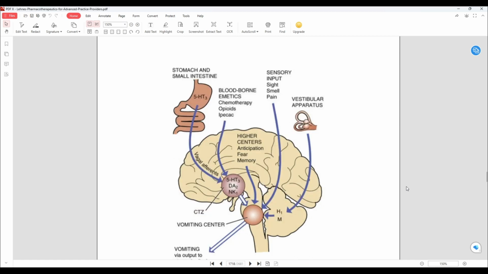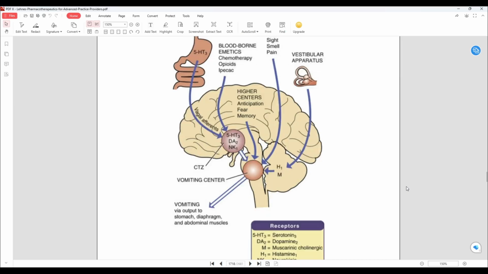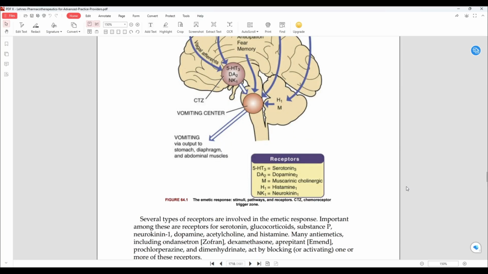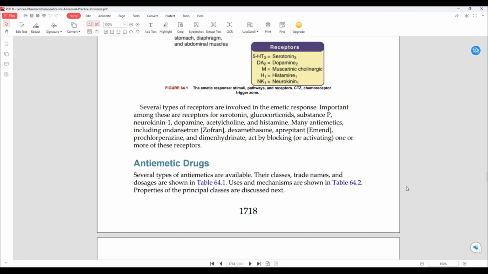So here is a picture of that very action. If you're unfamiliar with the pathophysiology, it's an excellent spot to hit pause. Several types of receptors are involved in the emetic response.